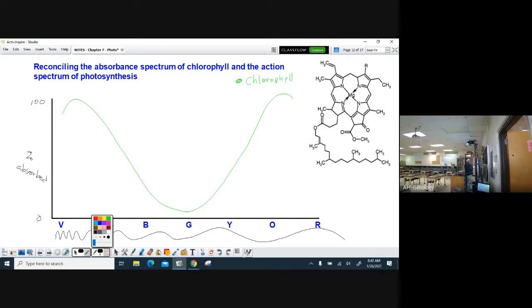I want to put one more line up here. Okay, so this is not a single pigment. This is what we call the action spectrum of photosynthesis.